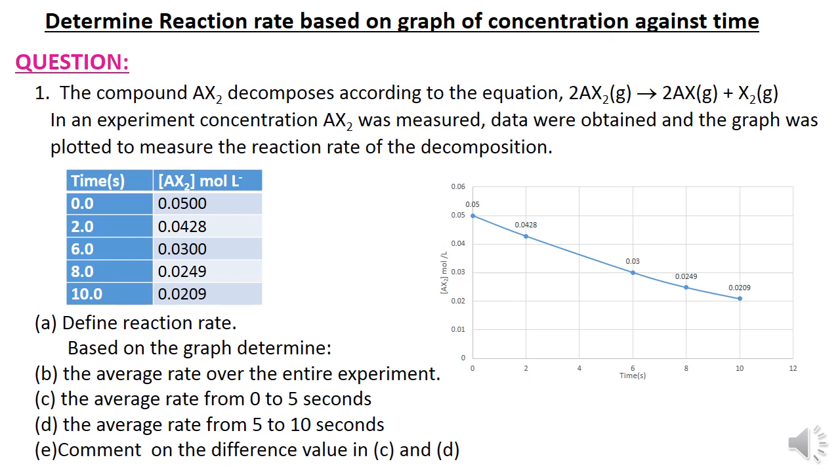First, define the reaction rate. Then determine the average rate over the entire experiment, then the average rate from 0 to 5 seconds, the average rate from 5 to 10 seconds, and then comment on the difference in value of C and D.